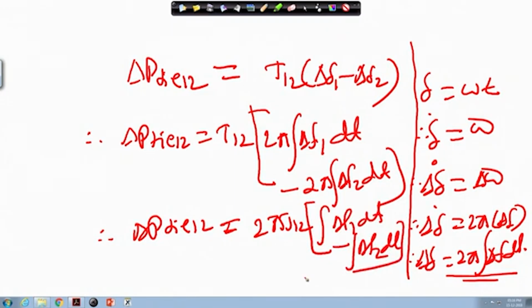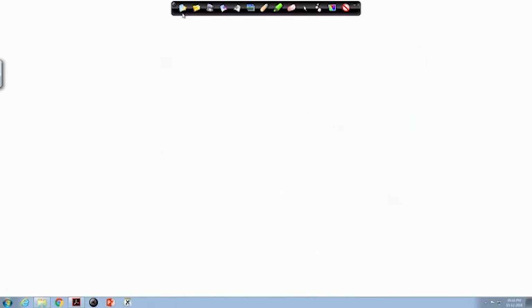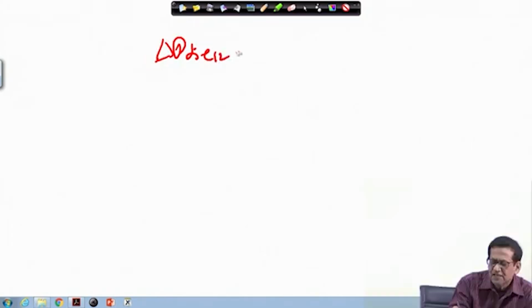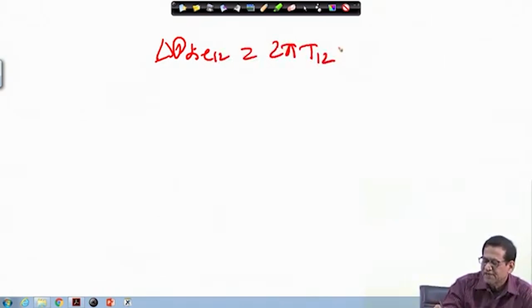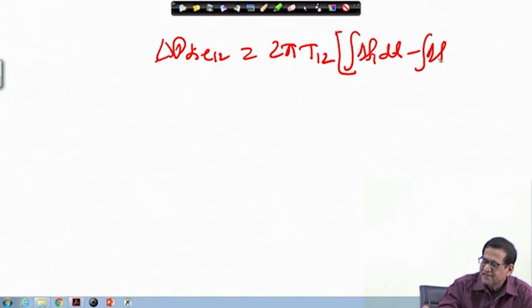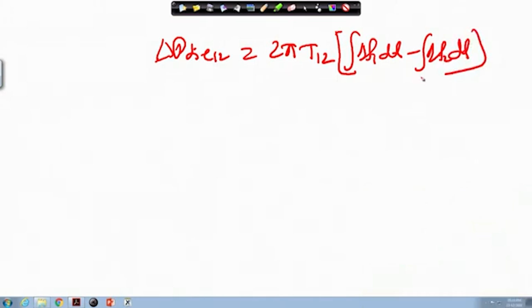So, this is the expression for delta P_tie12. Similarly, I write delta P_tie12 is equal to 2π T12, and in brackets, the integral of delta f1 dt minus the integral of delta f2 dt, right.